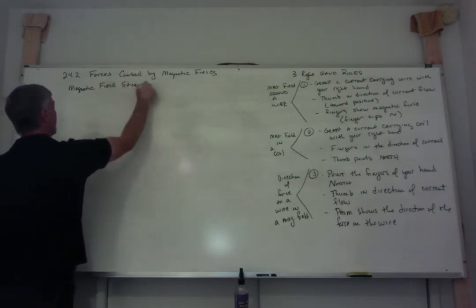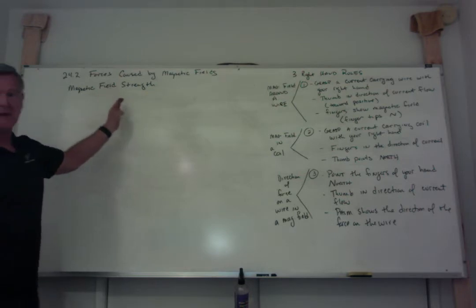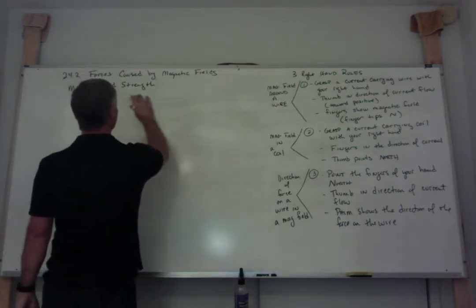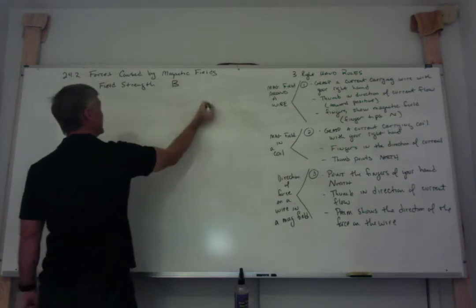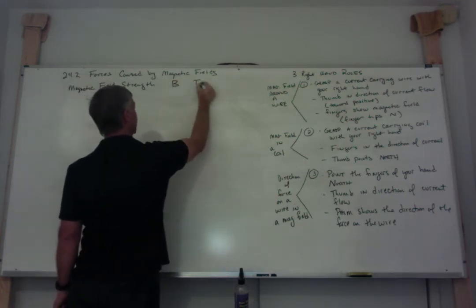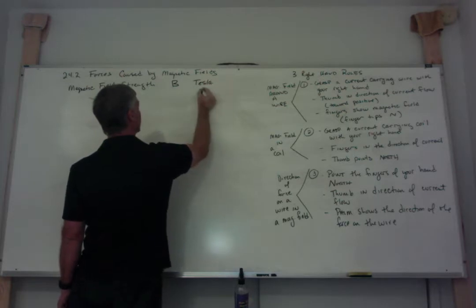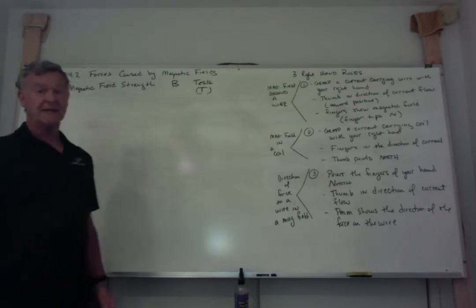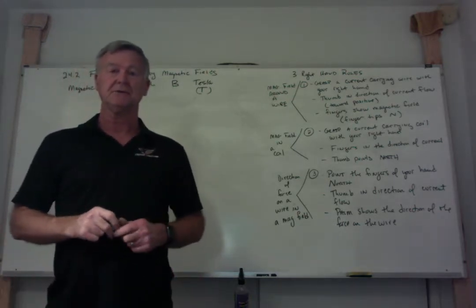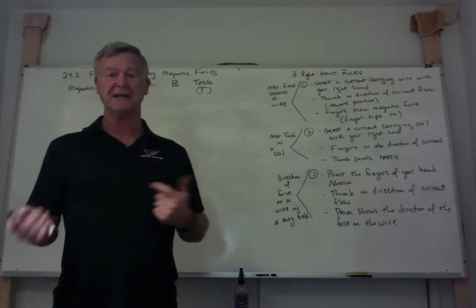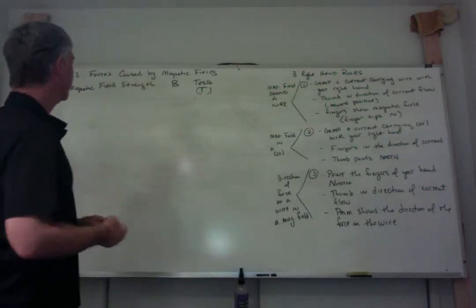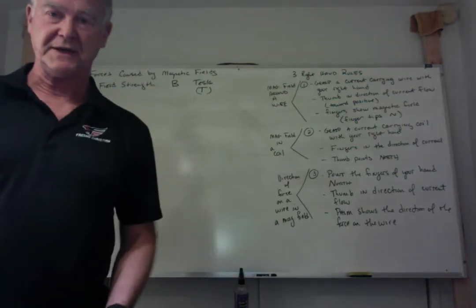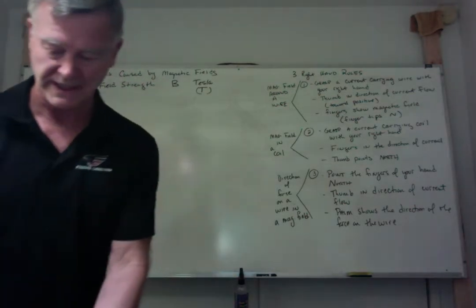If you remember electrical field strength, it was a capital E. That was the strength of the field. This is magnetic field strength. The symbol is B, and the unit is a Tesla. And the symbol for Tesla is a capital T. It is named after Nikola Tesla, who did a lot of the early work on understanding the connection between electricity and magnetism. Now, let me show you the connection, then I'm going to talk about that third right-hand rule.